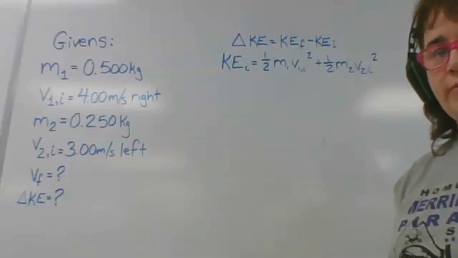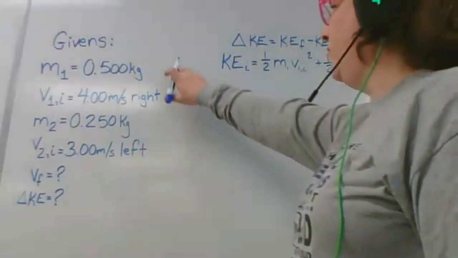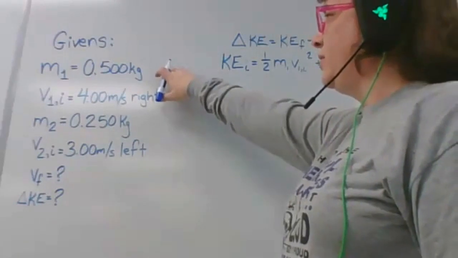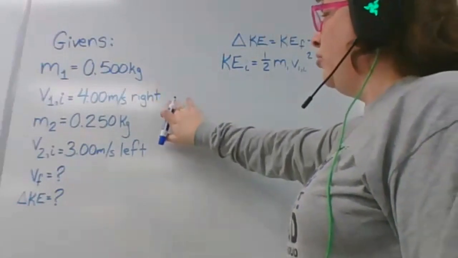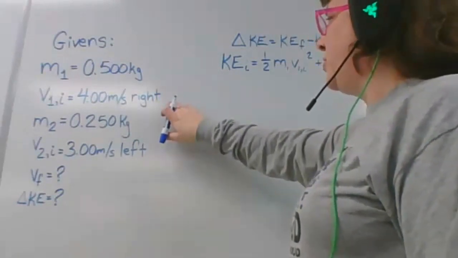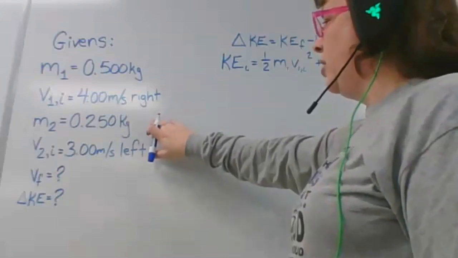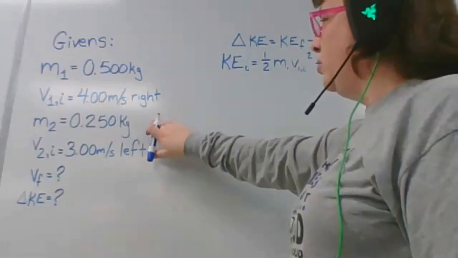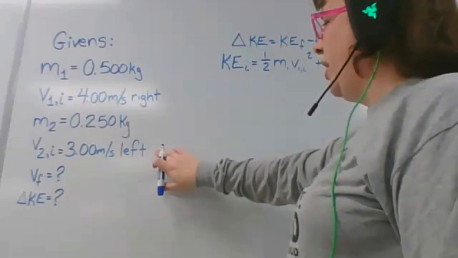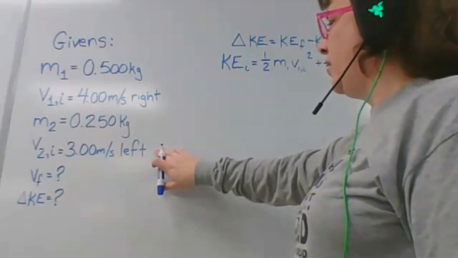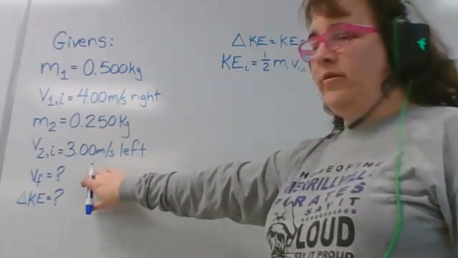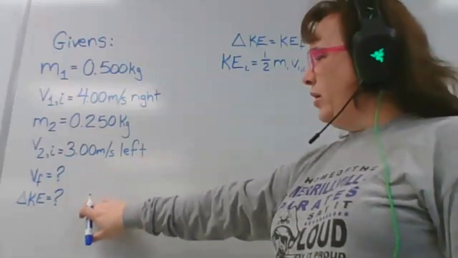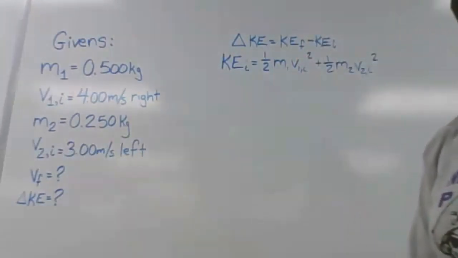All right, so for this problem, we know the mass of the first clay ball is 0.500 kilograms, moving at 4.00 meters per second to the right. The second clay ball is 0.250 kilograms, moving at 3.00 meters per second to the left. We need to find the velocity final and the change in kinetic energy.